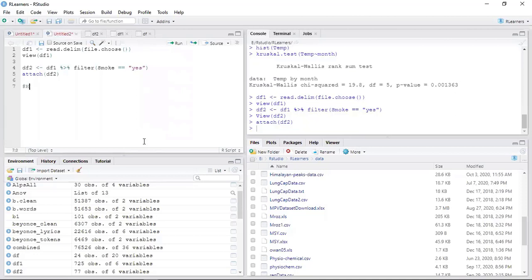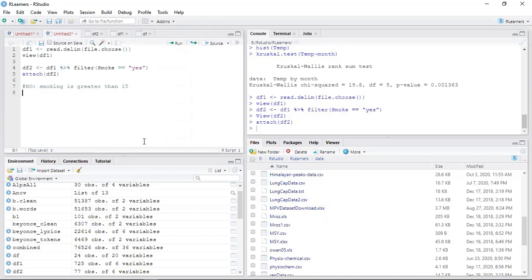So let us start at that. Let's say our null hypothesis is that smoking age is greater than, let's say, 15.